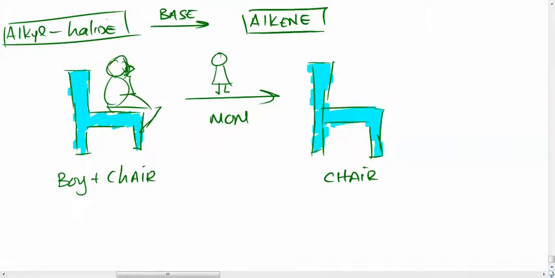Notice that something left, but nothing else came back to replace what left. When we're doing an elimination reaction, something will leave and nothing is going to replace it.